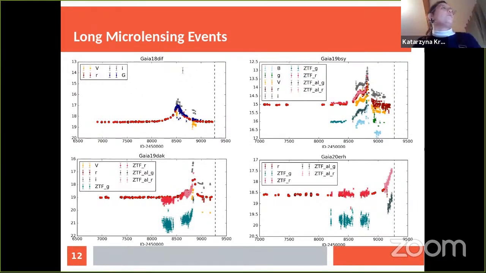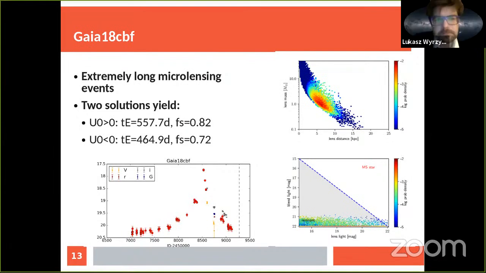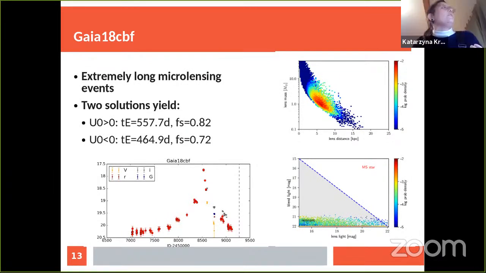My favorite one is Gaia18cbf, which was detected in 2018. However, as you can see on the lower panel, it started much earlier, and it's an extremely long event.